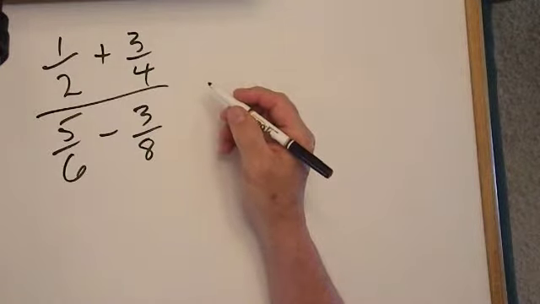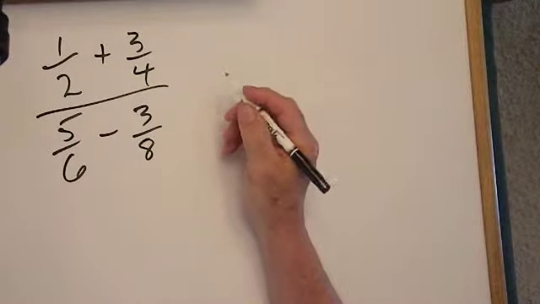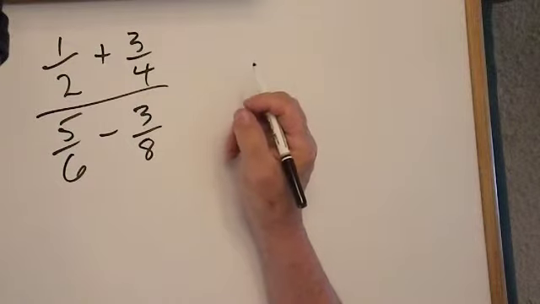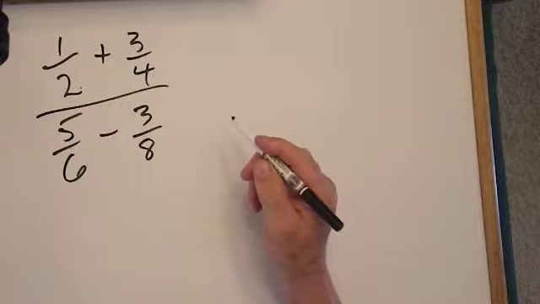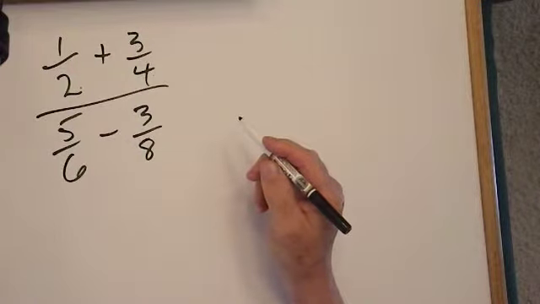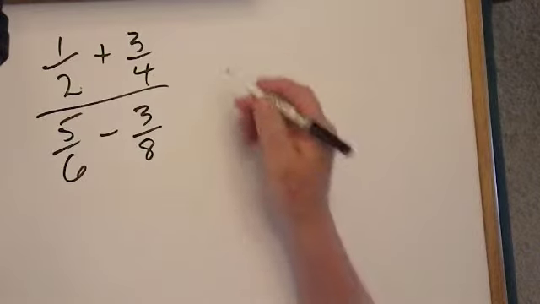This time we're again looking to find the least common multiple of the 2 and the 4 that we have here. Well, the least common multiple of 2 and 4 is in fact 4.